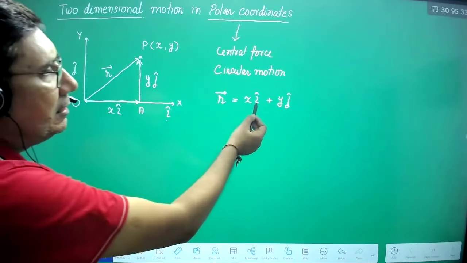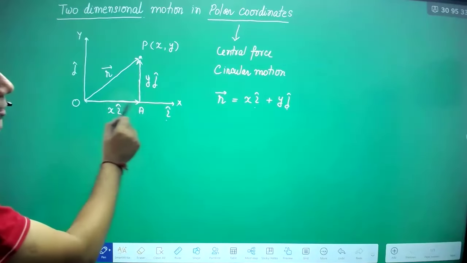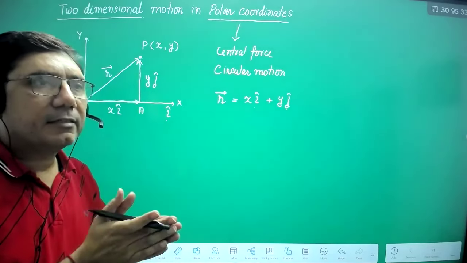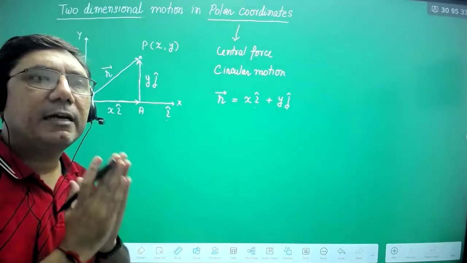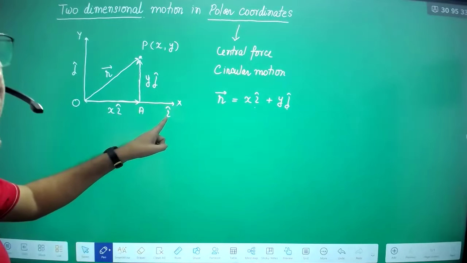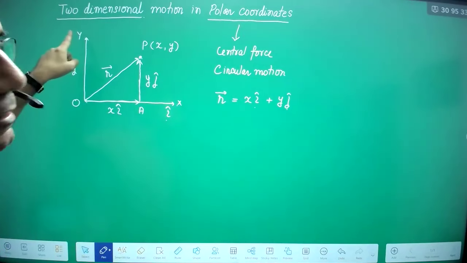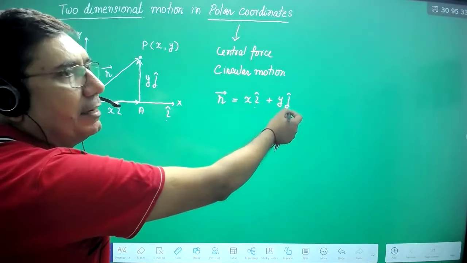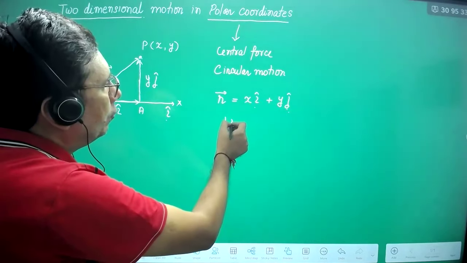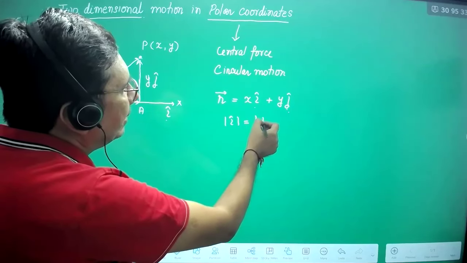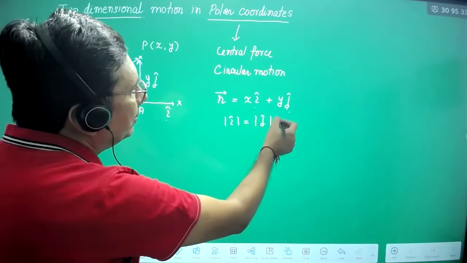Here, i cap and j cap are the unit vectors in the x direction and the y direction. In vector systems, directions are represented by unit vectors. So the x direction is represented by i cap, the y direction by j cap. Mod of i cap is equal to mod of j cap, and this is 1.